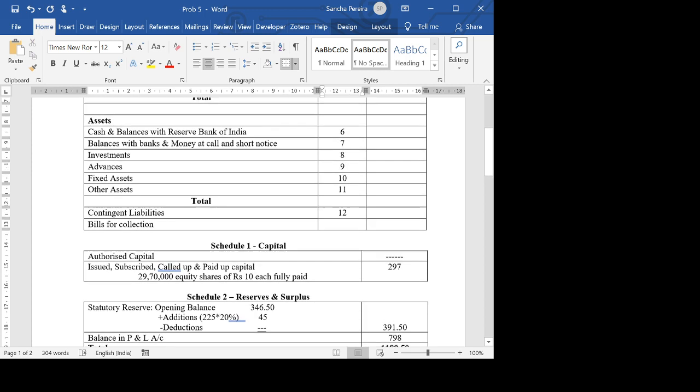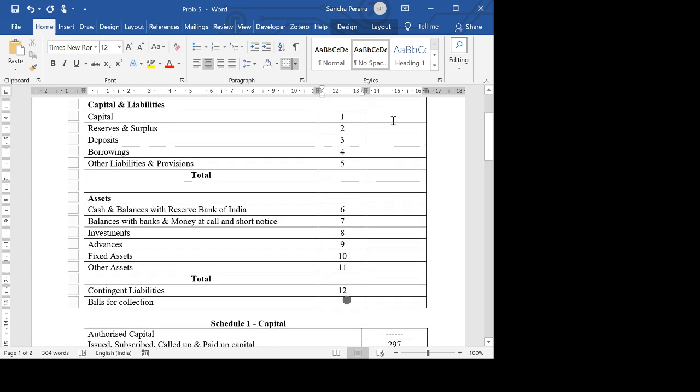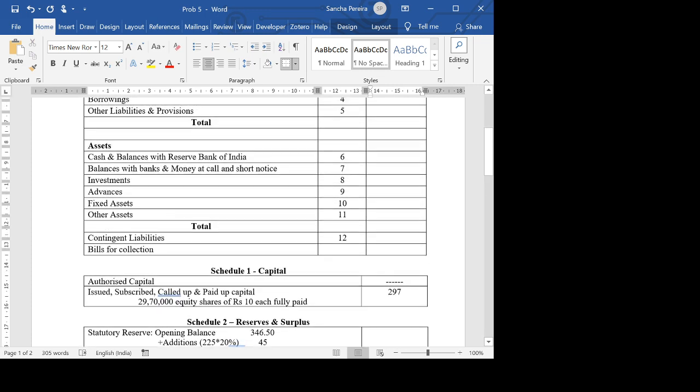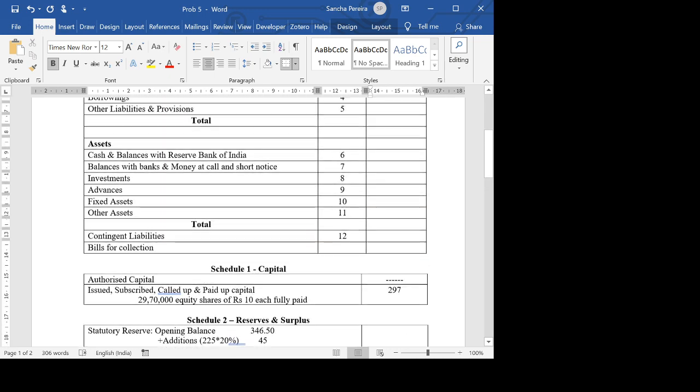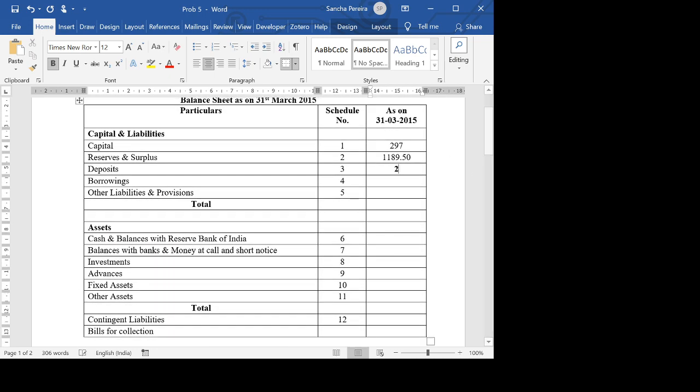So schedule 1 is 297. Schedule 2 is 1189.50. Schedule 3 is 2230.68.